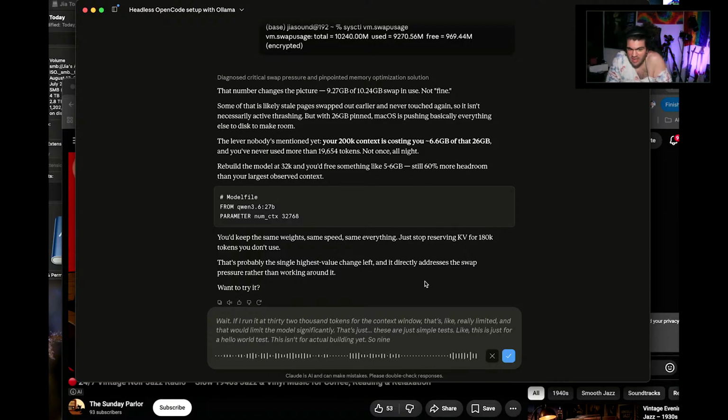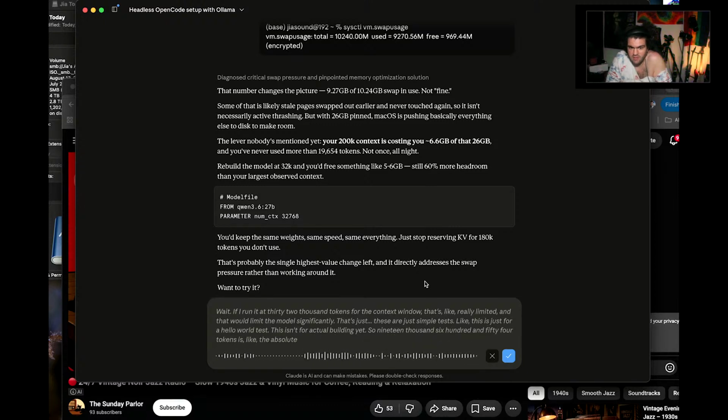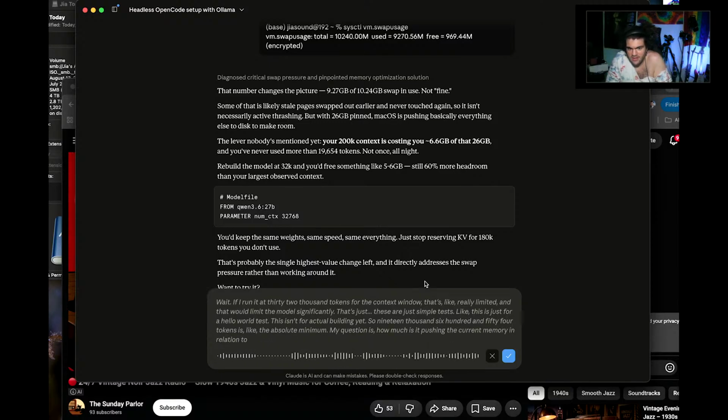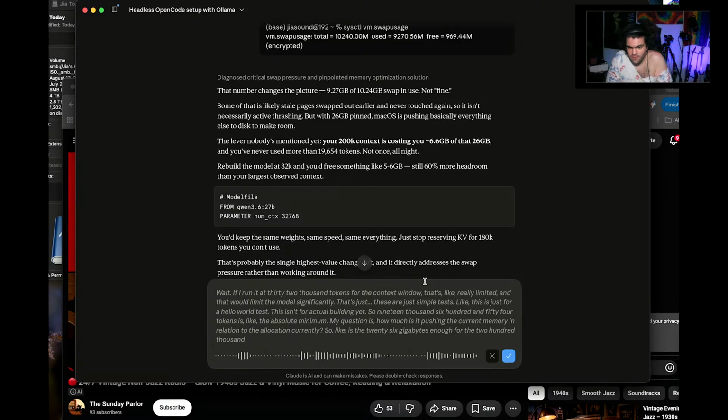So 19,654 tokens is like the absolute minimum. My question is, how much is it pushing the current memory in relation to the allocation currently? Is the 26 gigabytes enough for the full 200,000 token context KV cache window? That's what I'm asking.